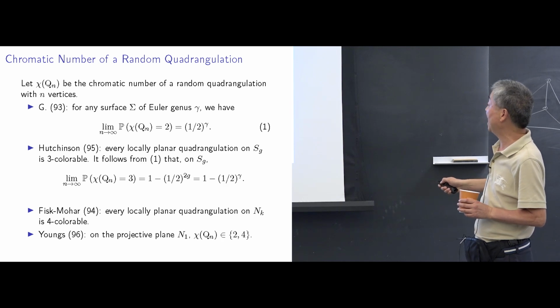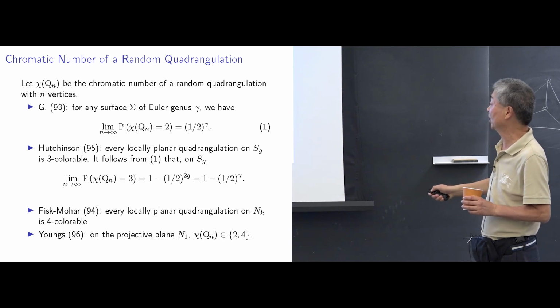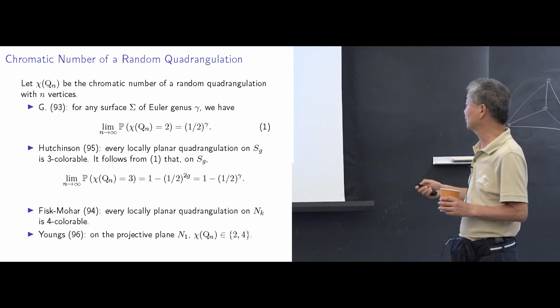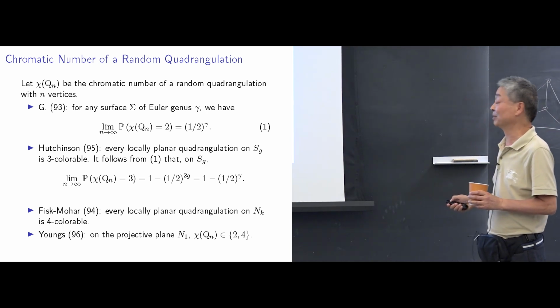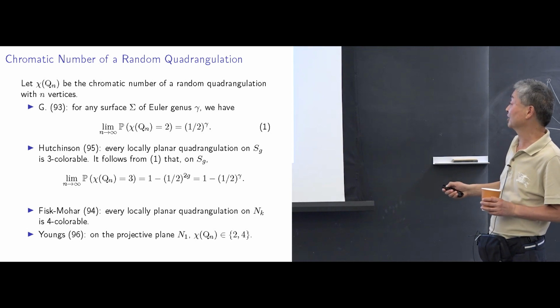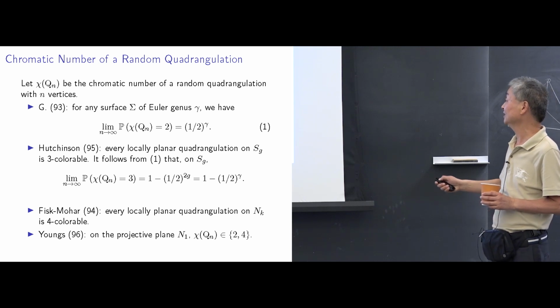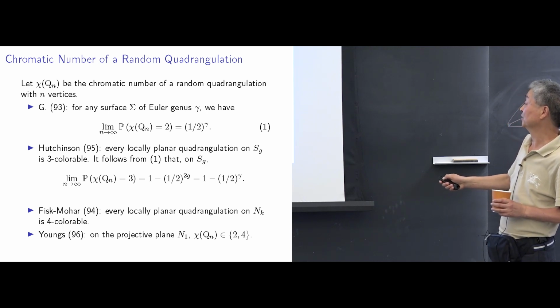So you combine this result with Hutchinson's result, which shows that there are 2 non-zero probabilities for the chromatic number of a random quadrangulation on orientable surfaces. Okay? Chromatic number equal to 2 with this probability. Okay?